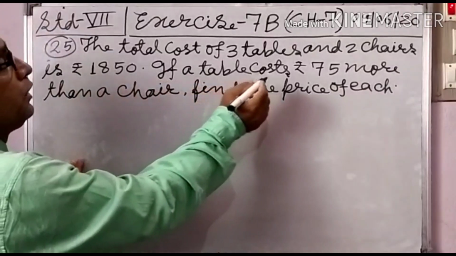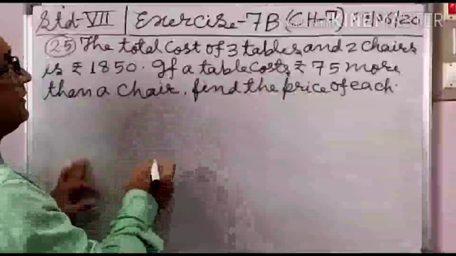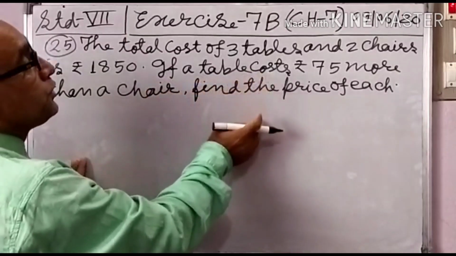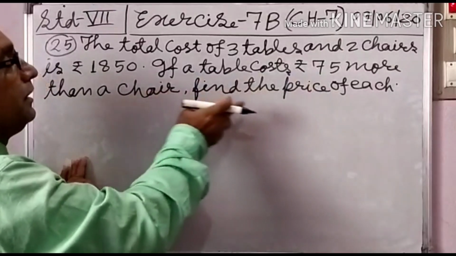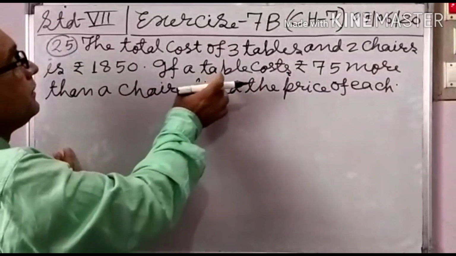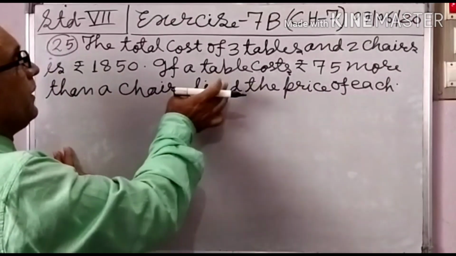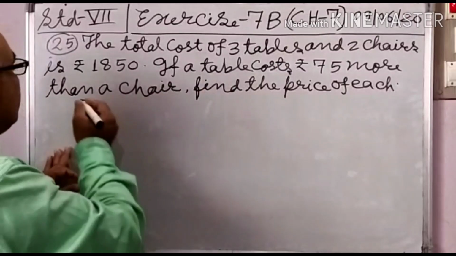If a table costs rupees 75 more than a chair, find the price of each. Here, the price of the table is dependent on the price of the chair.